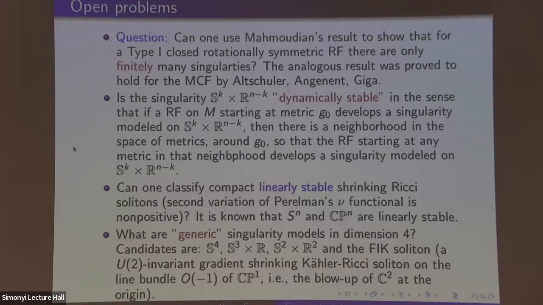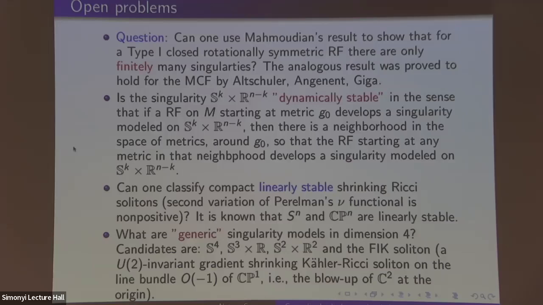So that's a problem. And then you remember that I gave you a result that the spheres and the cylinders are the generic singularities for the mean curvature flow when you flow surfaces in R^3. The analogous result would be about what happens for the Ricci flow in 4 dimensions, because 3-dimensional Ricci flow is very well understood.